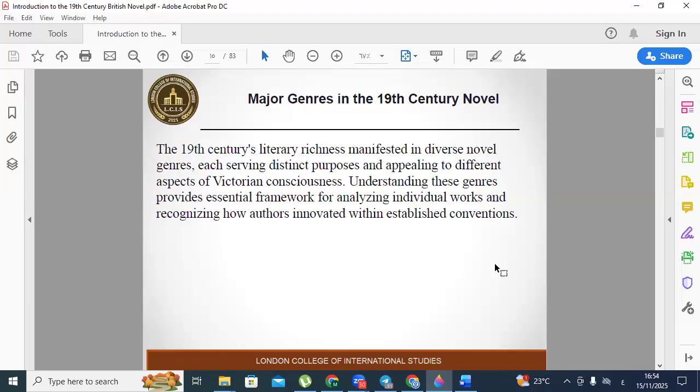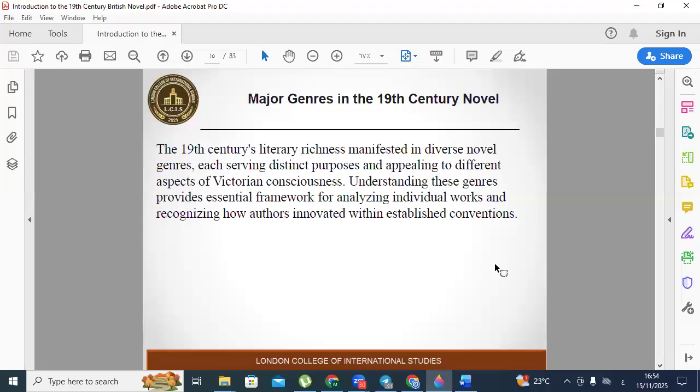Each genre had distinctive characteristics, but the most interesting novels often blended genres. A Bildungsroman might incorporate Gothic elements, or a realist novel might include adventure plot lines. Understanding genre enriches interpretation.